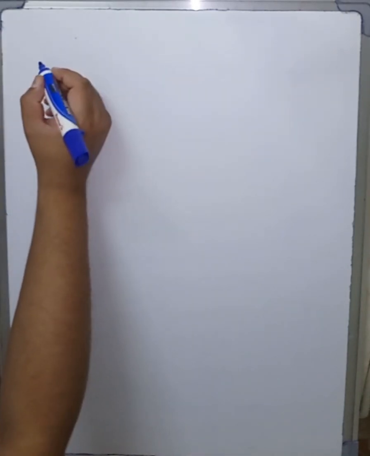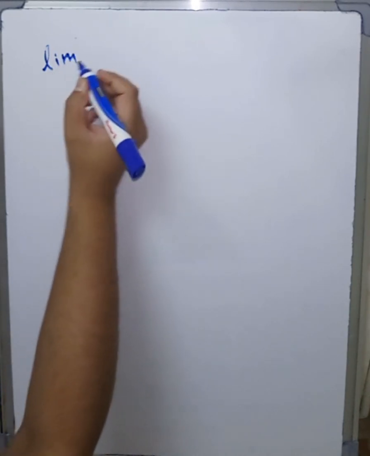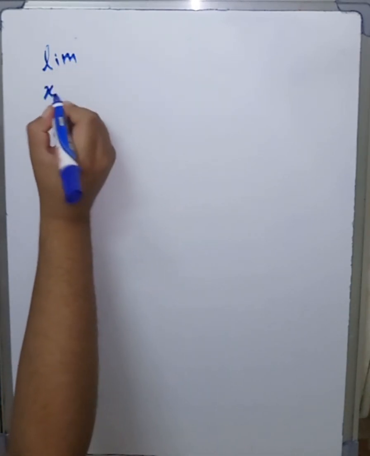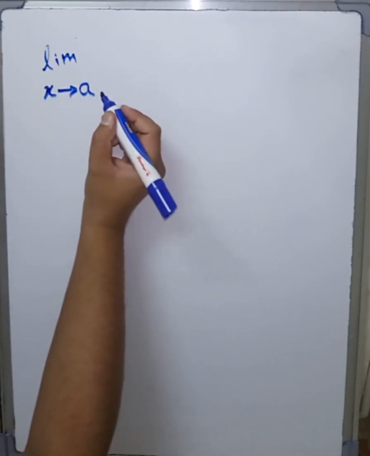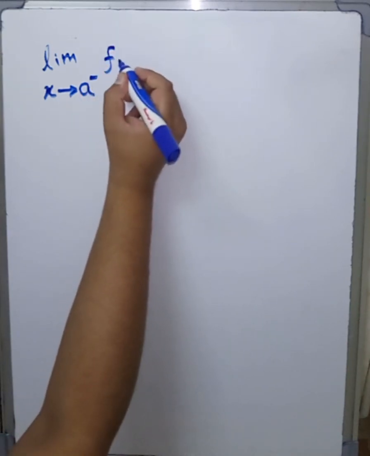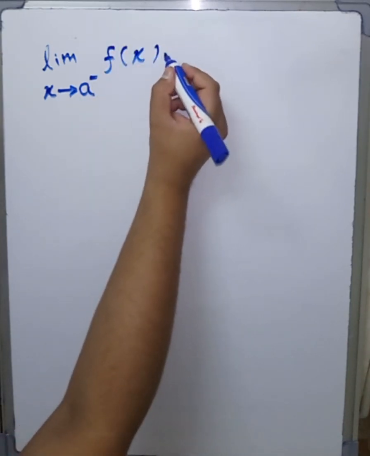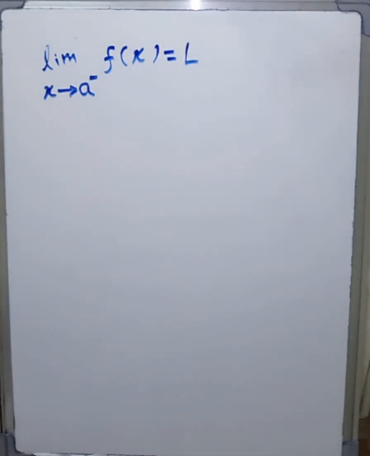Now let us write generally about limit. Suppose the limit as x tends to a from the left side of the function f(x) is equal to L. L is a number. What is the meaning?